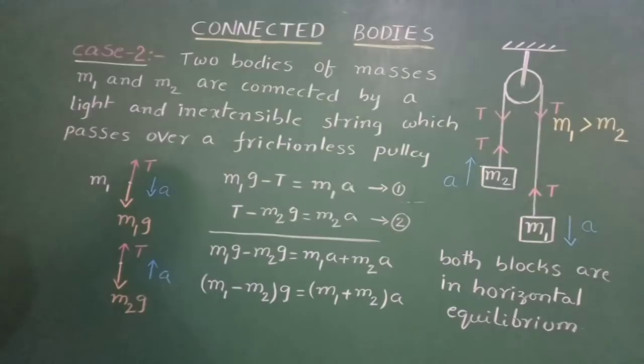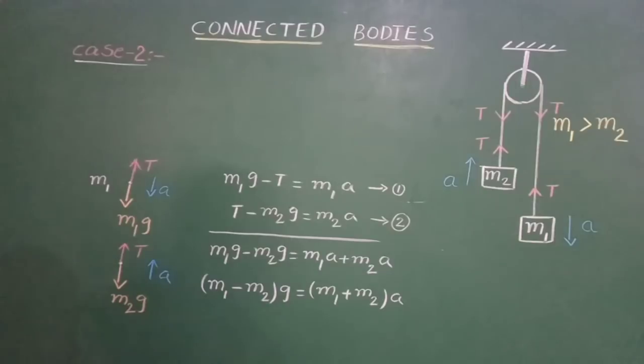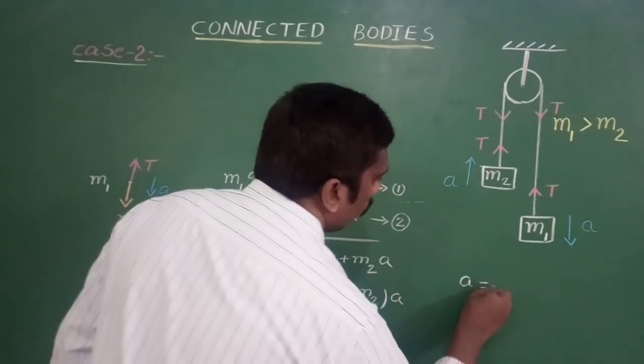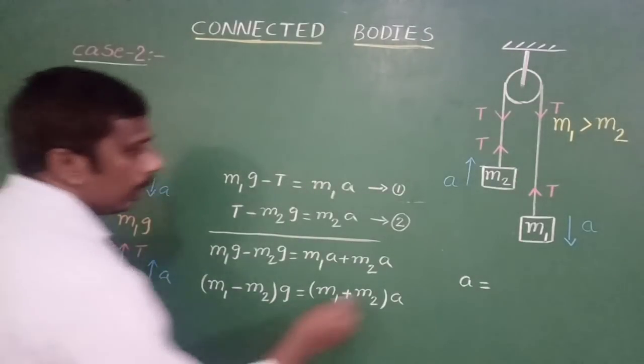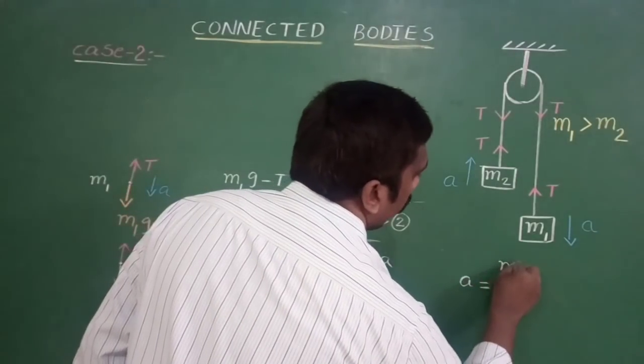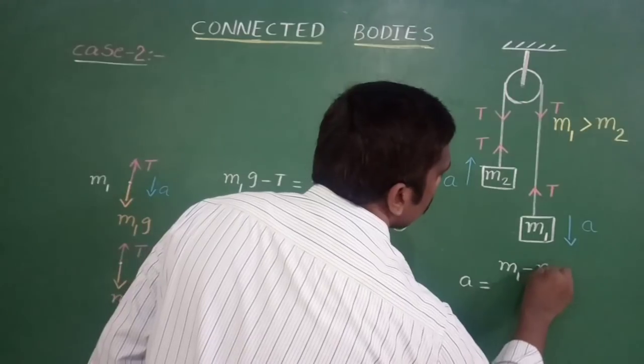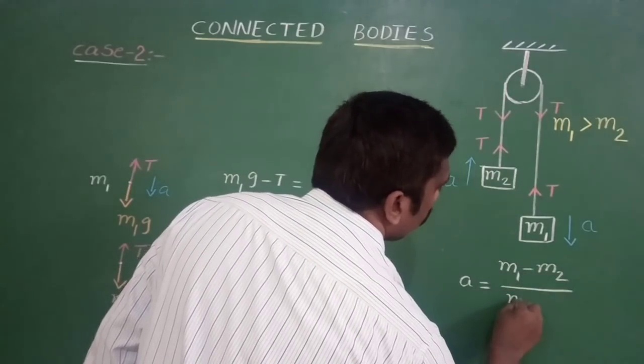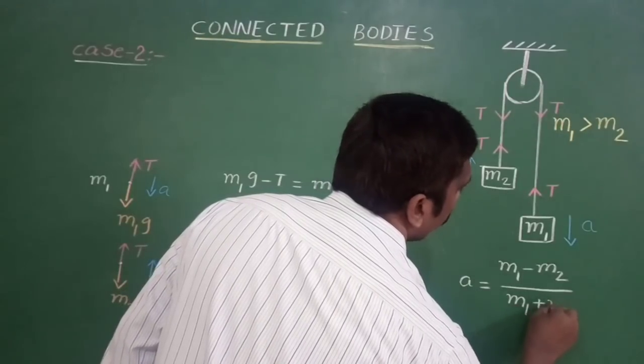From this, finally we can write the acceleration equation: a is equal to m1 minus m2 by m1 plus m2 into g.